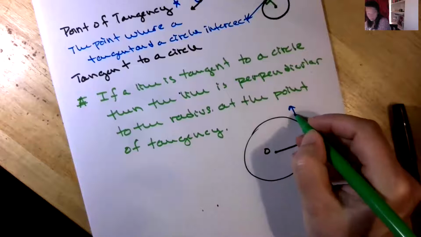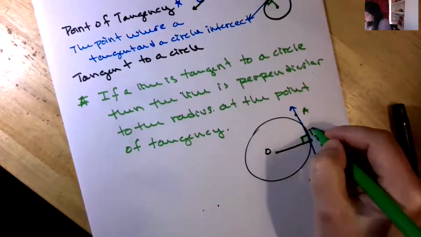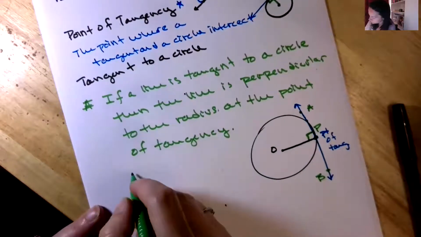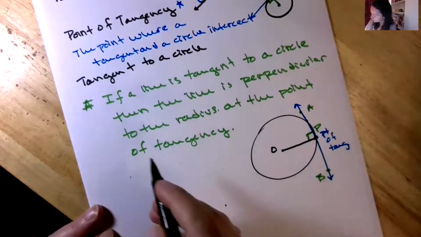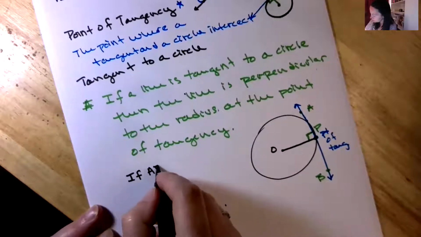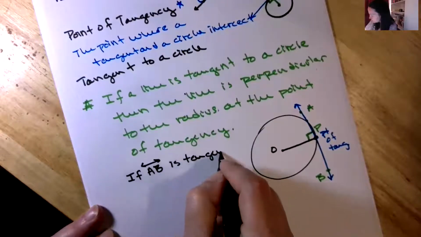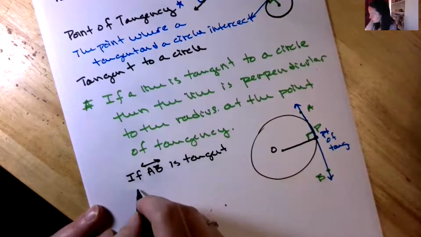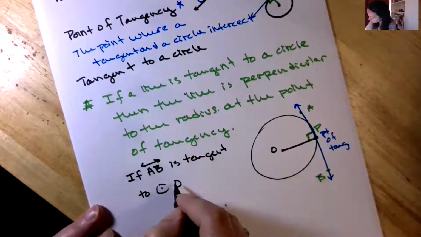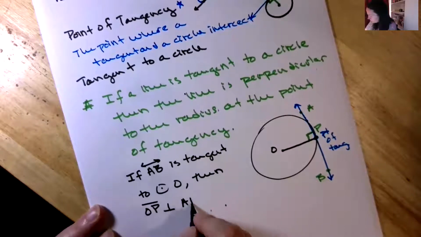So this is A, B. This is P. Another way of saying this is if AB is tangent to circle O, then OP is perpendicular to AB.